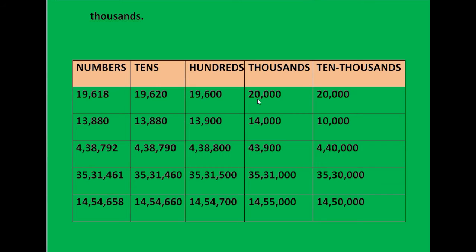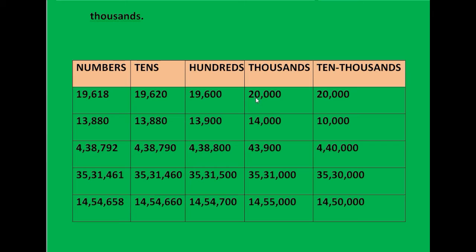Now rounded off to thousands. See the thousands place digit, that is 9. Now see the digit to the right of it, that is 6, and it is greater than 5. So according to rule number 1, we have to add 1 to 9.